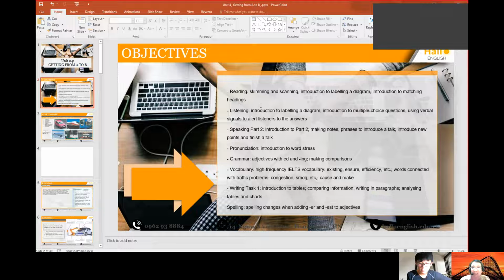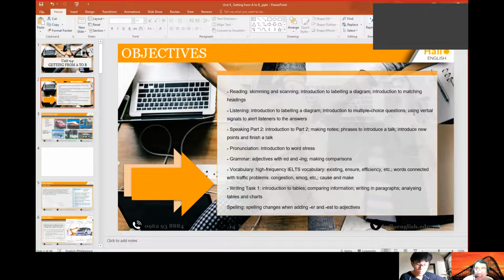Yes, because in an IELTS exam, of course, this is going to be a part of the reading test. And then in the listening part, it should be introduction again to a labeling diagram, introduction to multiple choice questions, using verbal signals to alert listeners to the answers.